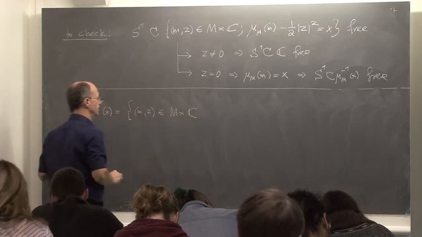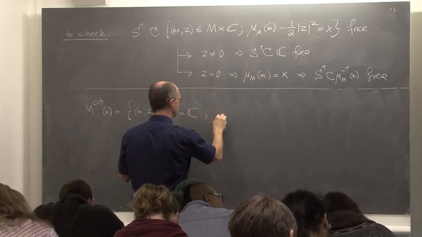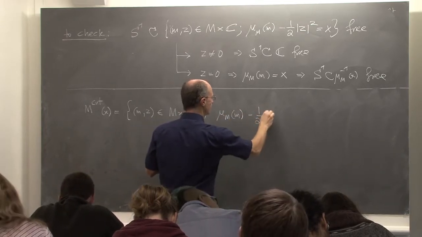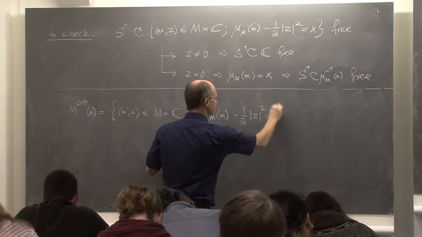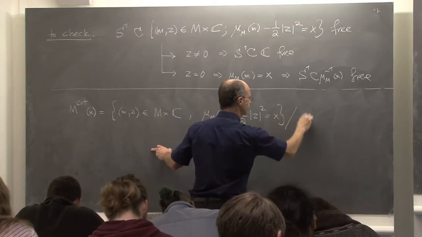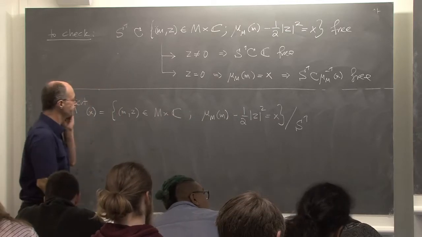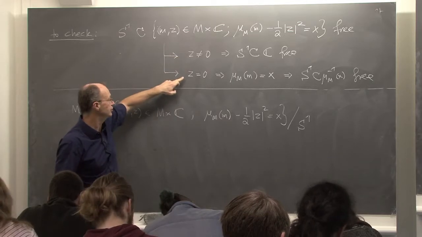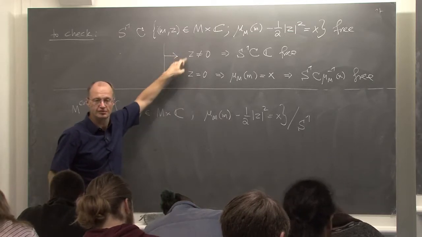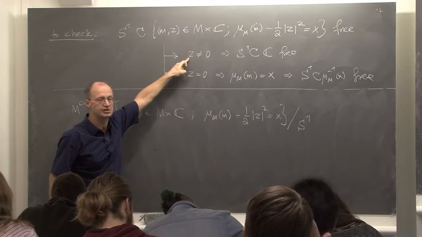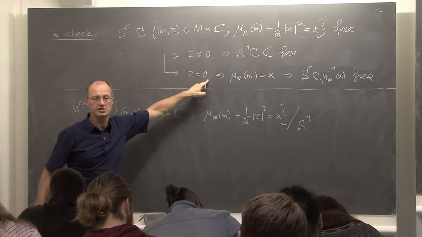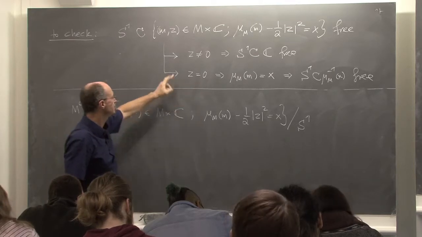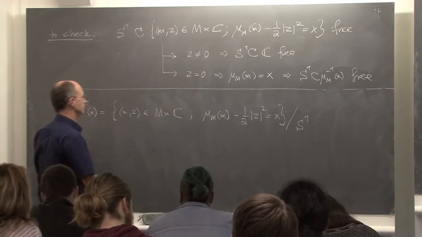These are points in M cross C such that mu M of M minus 1/2 Z squared is equal to X, and this is divided by S1. We just said that the level set splits into a disjoint union of these 2 subsets: the subset where Z is non-zero and the subset where Z is 0. So let's start with the one where Z is not 0.